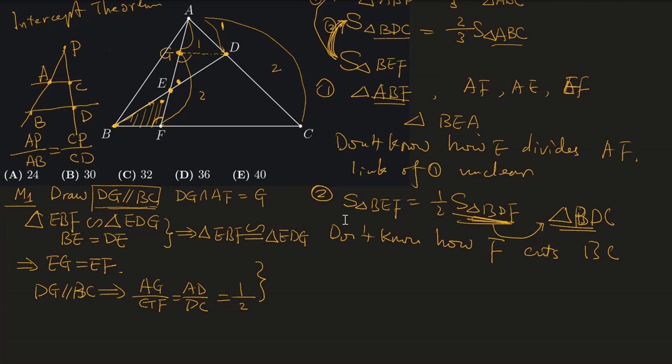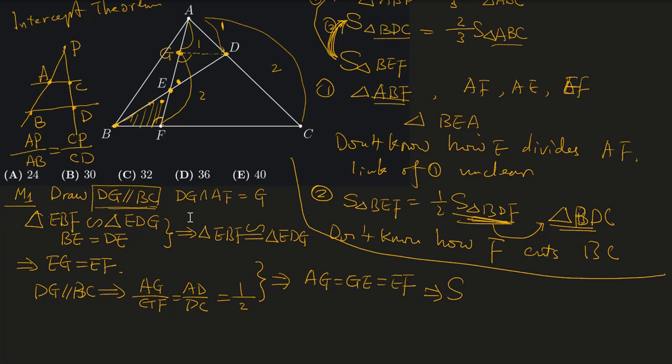So if we combine these two facts, we have AG equals GE equals EF. Now we know that the area of triangle BEF equals a half of the area of triangle BEA.